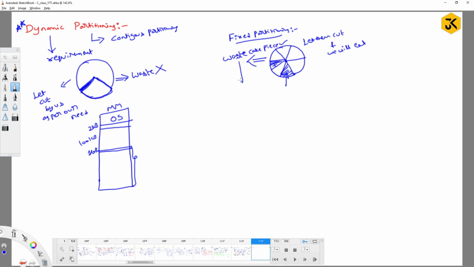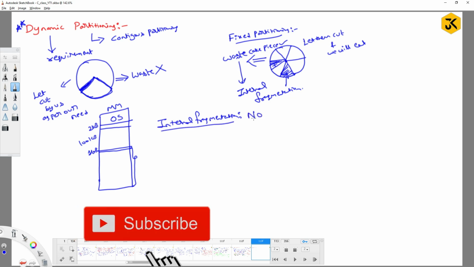That is what we call internal fragmentation, which we have covered already in the earlier videos. Now here, as there is no wastage, does internal fragmentation exist? No, because I cut as per the need, so there is no internal fragmentation.